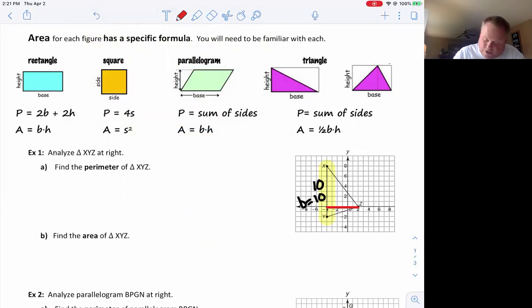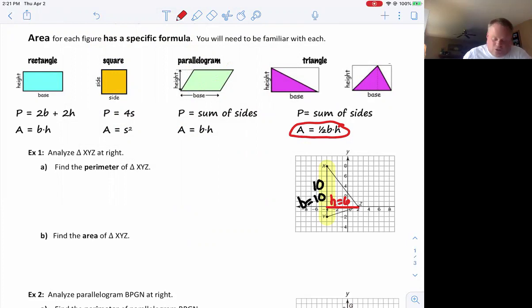When I look at that, my height, H, is equal to 6. That's going to really come in handy when we go to the area part, because remember, my formula for area is 1/2 base times height, and I already have my base and I already have my height.